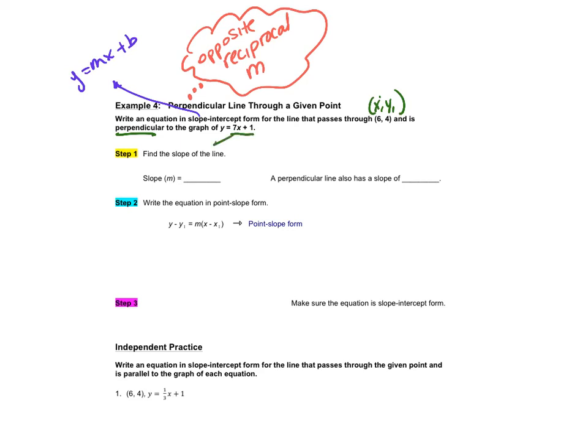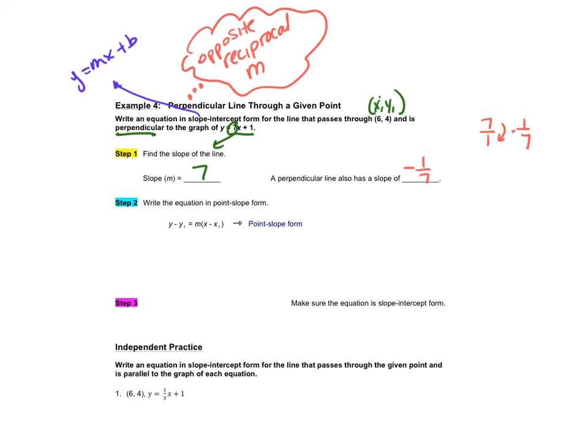The slope of this line is 7. The perpendicular line has to be the opposite, because 7 is positive, so negative. And the reciprocal of 7 over 1 is 1 over 7. So the slope is negative 1/7.